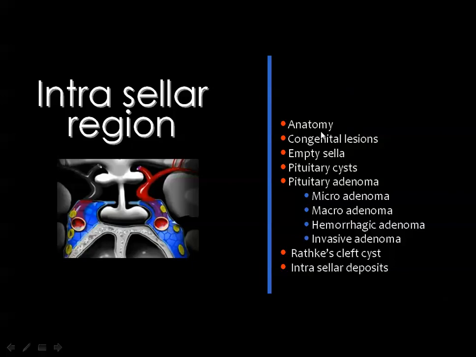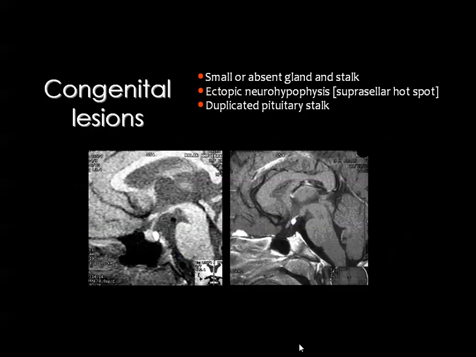We mentioned something about the anatomy. Then we mentioned some of the congenital lesions, how to diagnose empty sella, and what about the pituitary cysts. Then what about the pituitary adenoma, microadenoma, macroadenoma, hemorrhagic adenoma, invasive pituitary adenoma, then Rathke's cleft cyst, and intrasellar metastatic deposits.